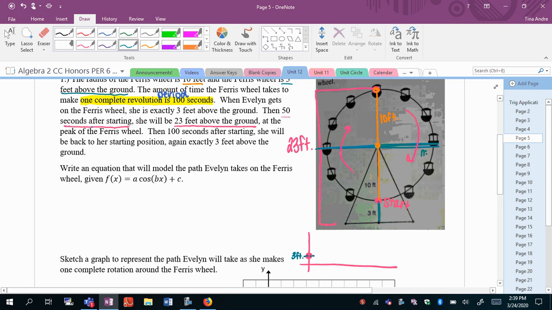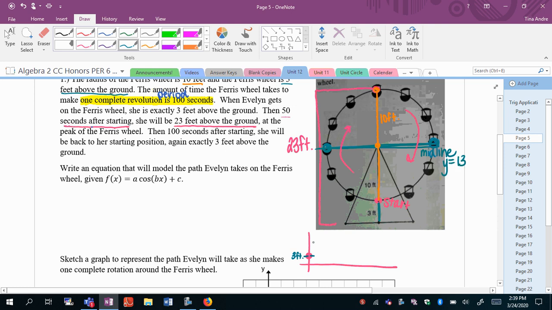So this is really representing our midline, and at these 2 points, this would actually be 13 feet because we have 10 plus the 3. So this is a midline of y equals 13.